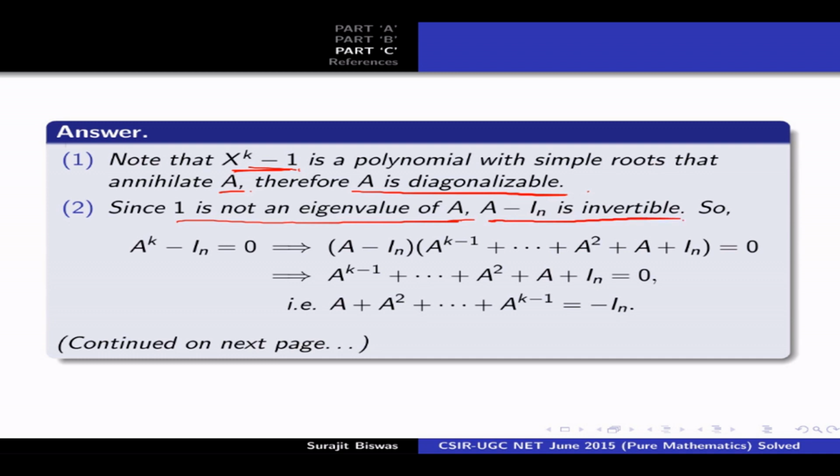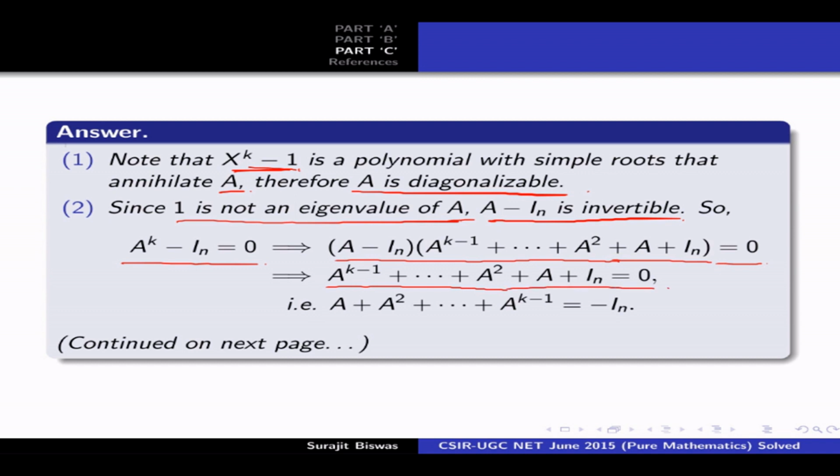So we have A to the power k minus In equal to 0. This would imply (A minus In) times (A to the power k minus 1 plus ... plus A square plus A plus In) equal to 0. And since A minus In is invertible, we can multiply both sides from the left by (A minus In) inverse, and then we'll have A to the power k minus 1 plus ... plus A square plus A plus In equal to 0.